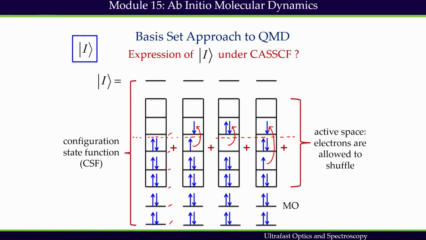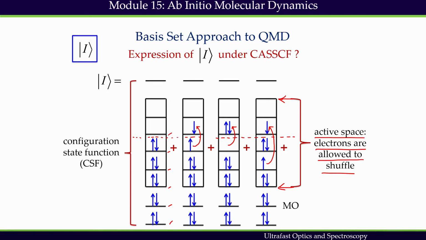What is unique in the CAS-SCF method is that we consider a particular set of orbitals to be chemically important, which is called the active space. Electrons are allowed to shuffle in that active space only. We know that molecular orbitals are involved in chemical bonding, and we assume that this particular set shown in this box represents the active space.